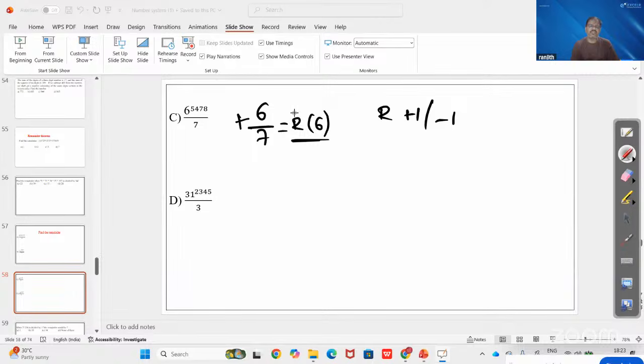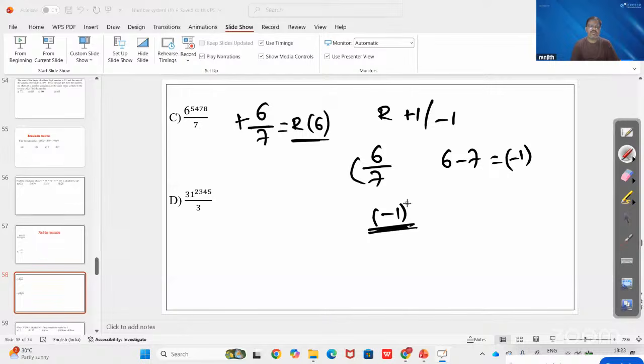When we divide 6 by 7, the difference is 6 minus 7, which will be equal to -1. So the remainder will be equal to -1. What is the power we are having?